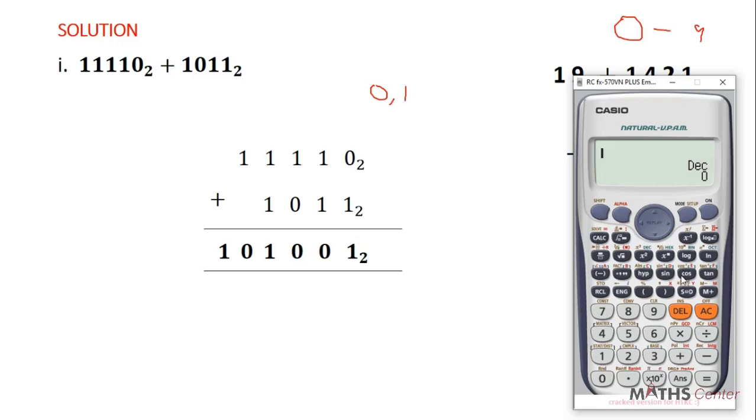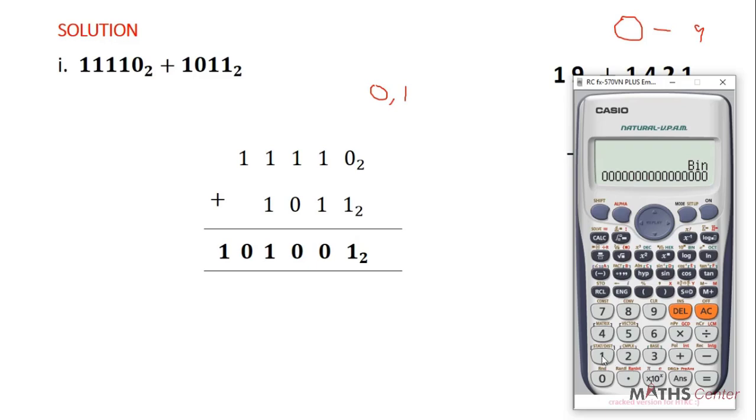Now, click on the button with log on it. On top of the log button, you will see BIN. That is the short form for binary or base 2. So you click on that button. When you click on that button, your calculator will change from base 10, that is the decimal mode, to base 2, that is the binary mode. We can now enter the question we have here.